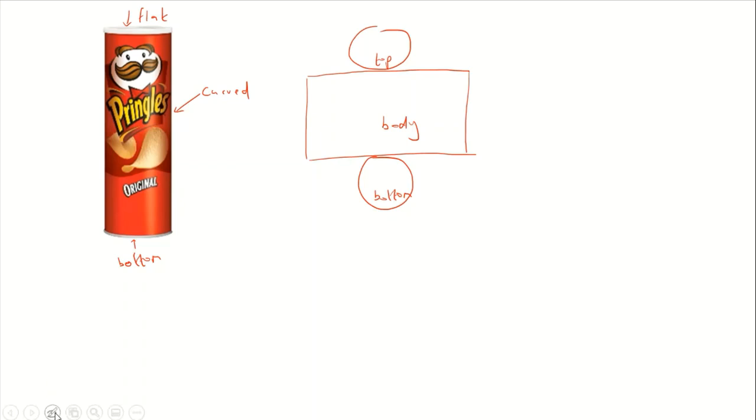I told you what the dimensions were, and I said that the can is 30 centimeters high, and all the way across, the diameter was 8 centimeters. So if I add in my picture, 8 centimeters there, 30 centimeters there, and 8 centimeters here.